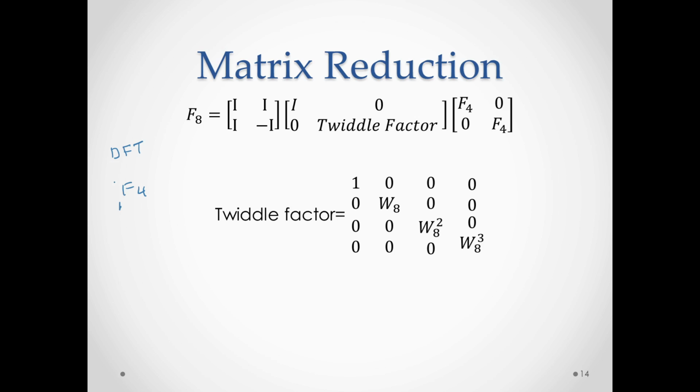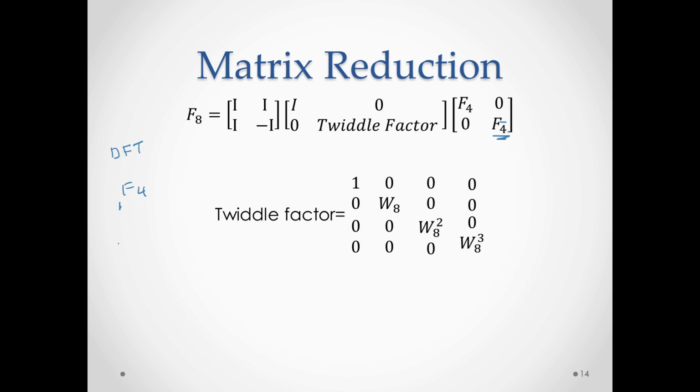What we use over here basically is F of 4. This F of 4 is basically the solution to the 4-point DFT, what we get when we perform matrix reduction for calculating DFT.